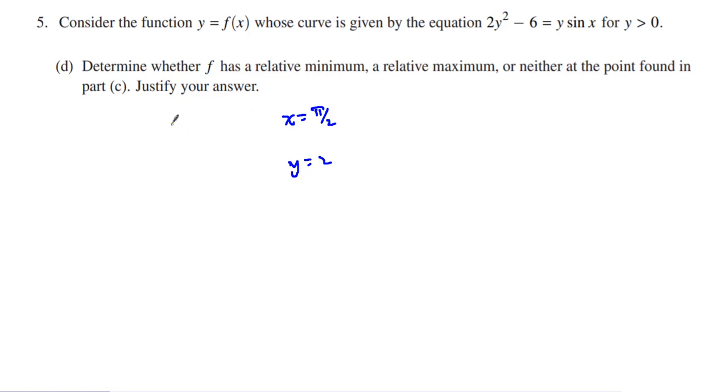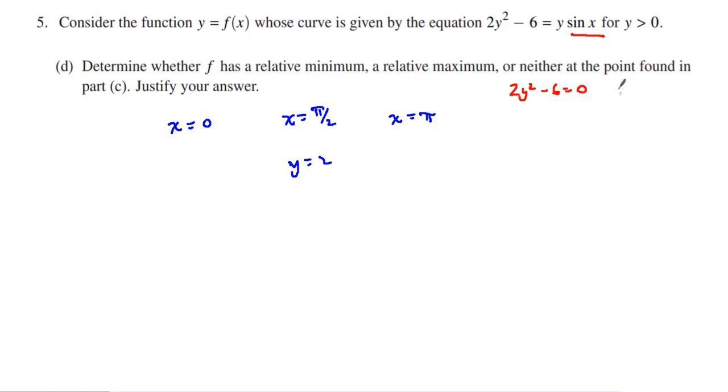And so let's take a look at a point where x is equal to 0, and maybe a point where x is equal to pi, because we know we can go from 0 to pi. Now, if we plug this in this original equation right here, when we have sine of 0, that's 0. So that's where 2y squared minus 6 is equal to 0.